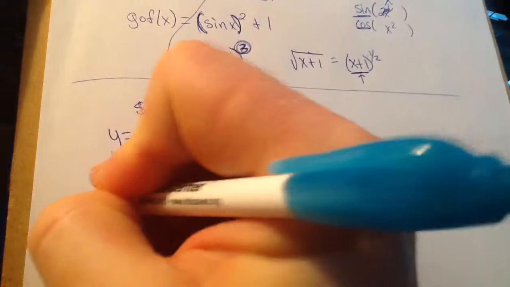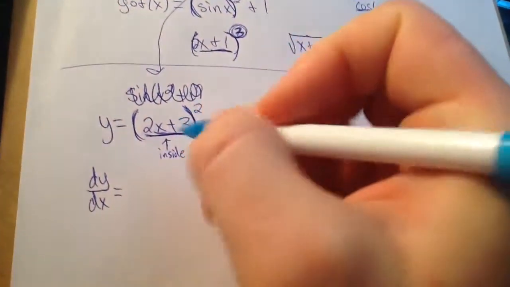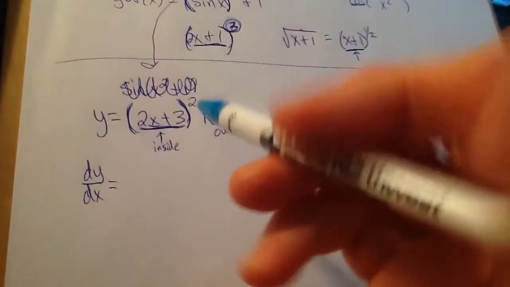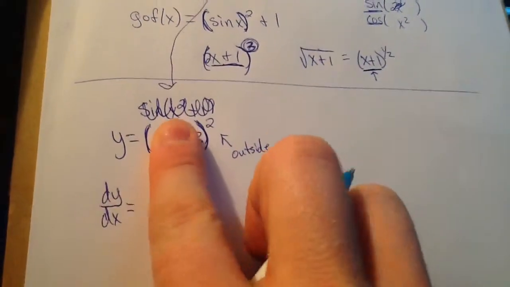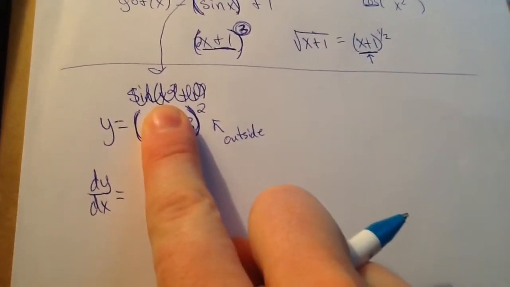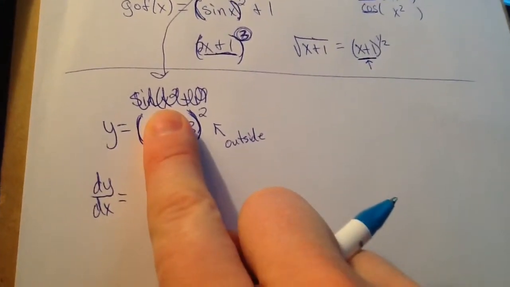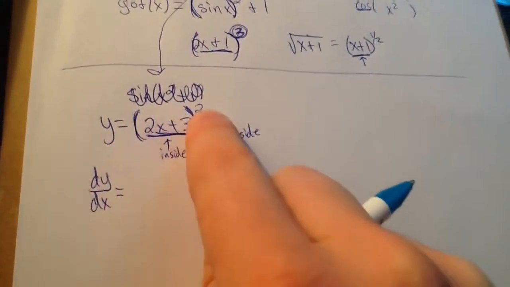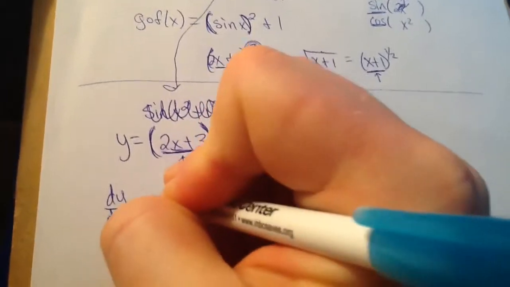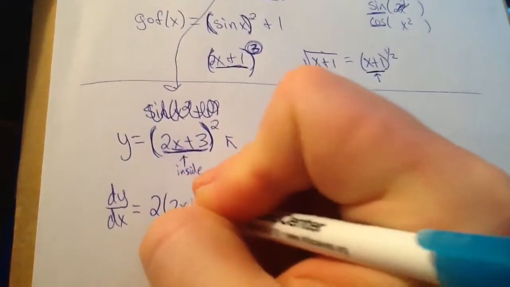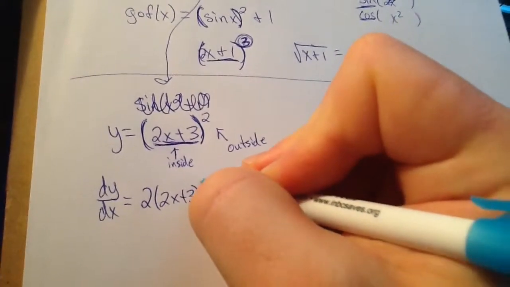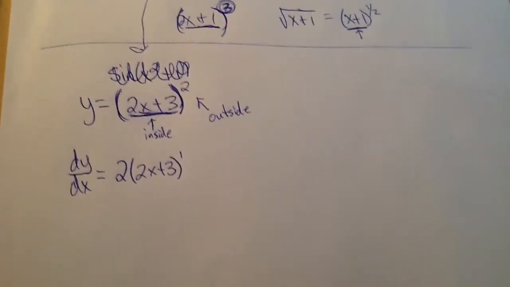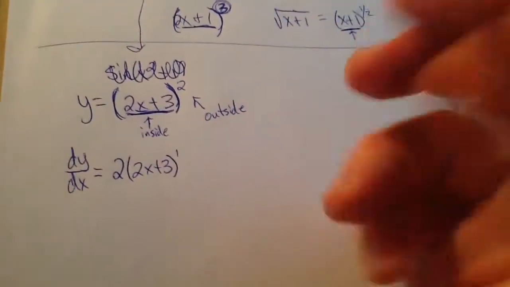So if I want to do the derivative of this, I think you all have this part down. This one's pretty simple. Derivative of the outside: if I ignore all that stuff on the inside, this would just be power rule. I have something squared, so I move the 2 down in front. All that stuff stays in there. And then my power, I subtract 1, so 2 minus 1, that'd be the first power. Boom, I've done the derivative of the outside.